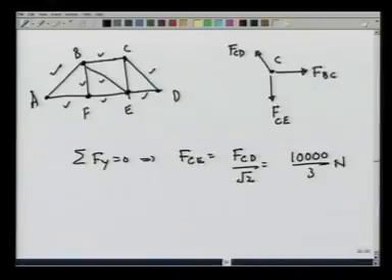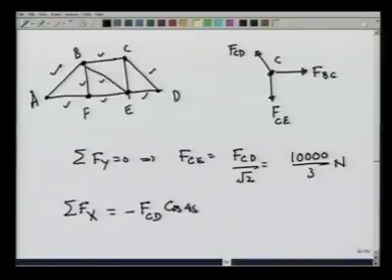At this point, we can also make a consistency check, because if I have done my calculations correctly, the x component must vanish automatically. And that it does, we can see, because this is FCD with a negative sign, cosine of 45 degrees, plus FBC. FCD was calculated to be 10,000 root 2 over 3.